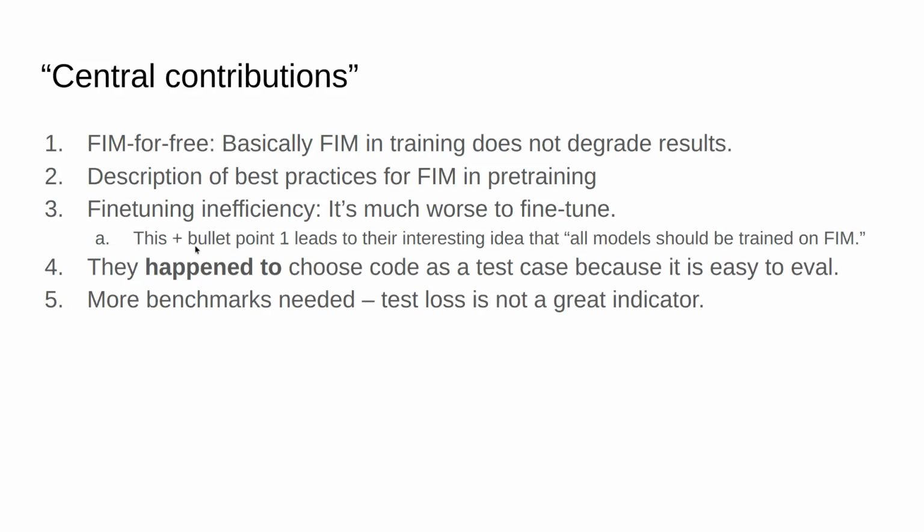But this and the first bullet point lead to the interesting idea that all models should be, not just can be, trained on FIM examples during pre-training. Number four is that they happen to choose code as a test case just because it's easy to evaluate: it compiles, and you can see if the code runs and if the answer was correct.